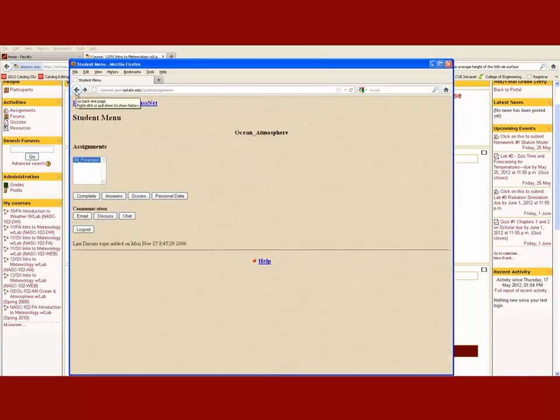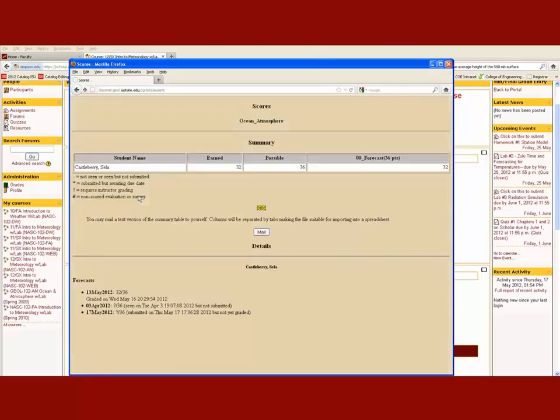Okay, so you can also click on scores to see what your scores are. Now you'll notice right here, here was the one I made on the 13th. Notice back on April 3rd, 2012, it says seen on Tuesday, April 3rd, 7:07 p.m., but not submitted.